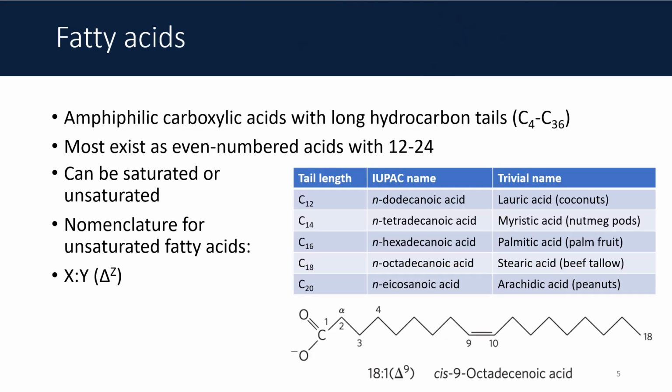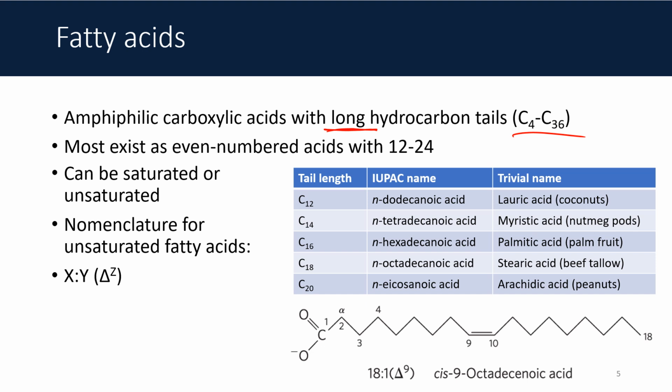Fatty acids are the simplest type of lipid and the building block to many others, so that's where we're going to begin. These are amphiphilic long-chain carboxylic acid compounds, and the emphasis is on long. Their hydrocarbon tails are going to contain anywhere between 4 to 36 carbon units. And that's not a hard cutoff, but that's a commonly reported range.